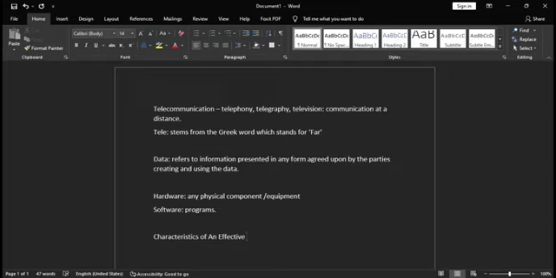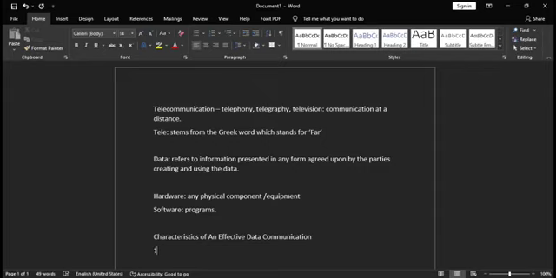Characteristics of an effective data communication. For you to have a very effective data communication, there are four fundamental characteristics that you have to look out for.